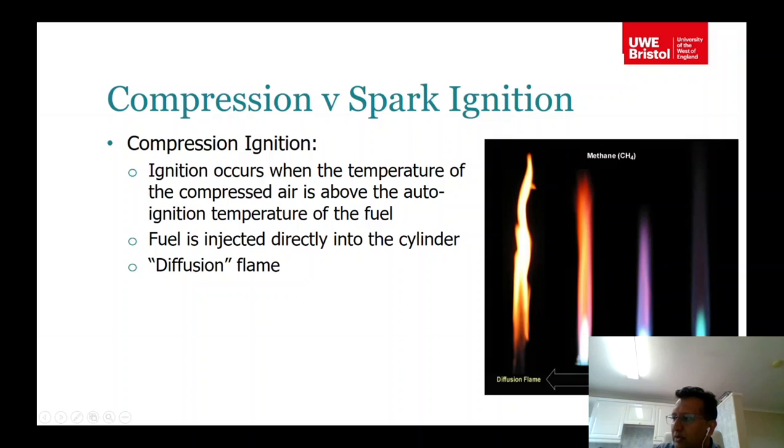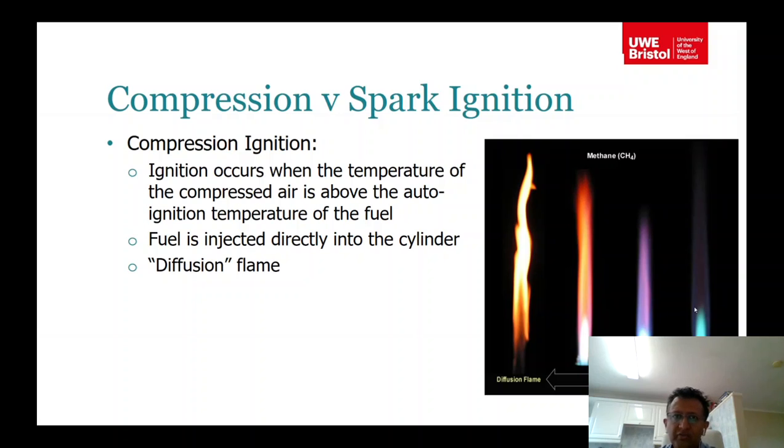Now that is your premix flame. That's a diffusion flame. Premix flame means the air fuel mixture is igniting. So the flame front will propagate very easily through the air fuel mixture.